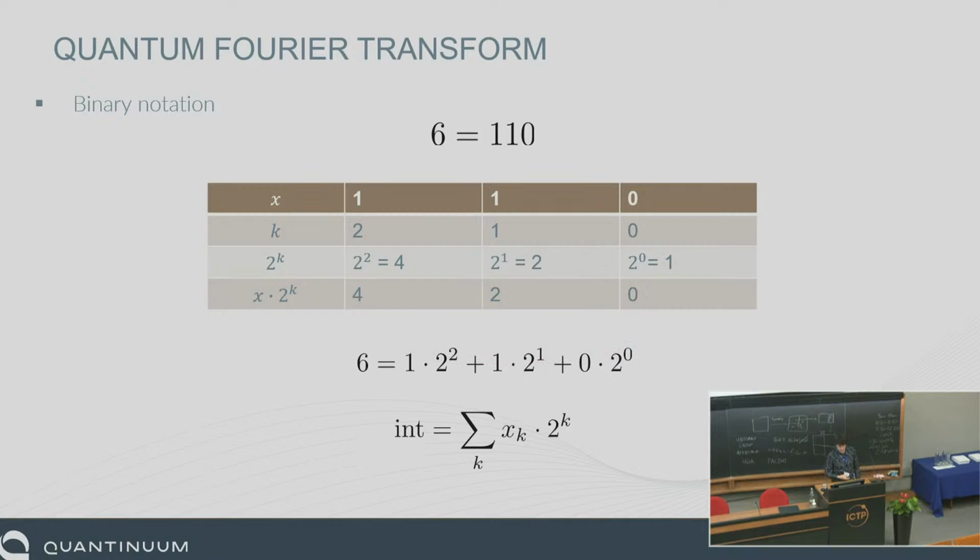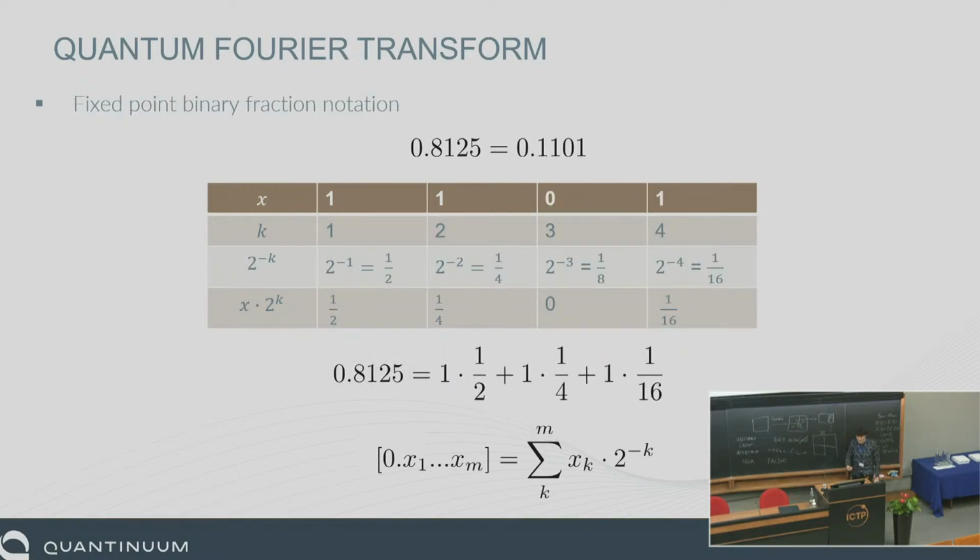Now, quantum Fourier transform uses fixed point binary fraction notation. This is the same idea, but we shift the decimal point, and we do it with fractions. It's a bit confusing, but we now use the position 1, 2, 3, 4 to the right of the decimal point. And rather than multiplying by powers of 2, we multiply by 2 to the minus powers for the position.